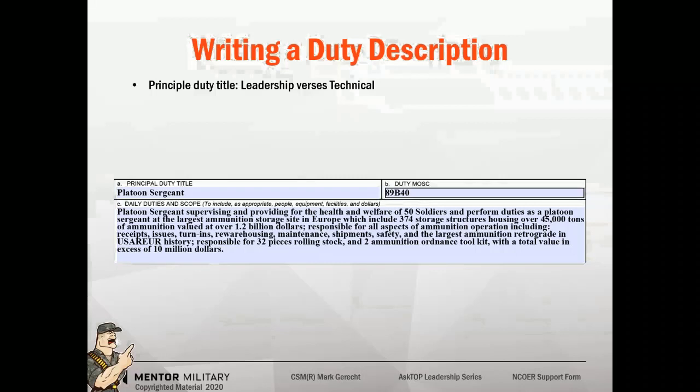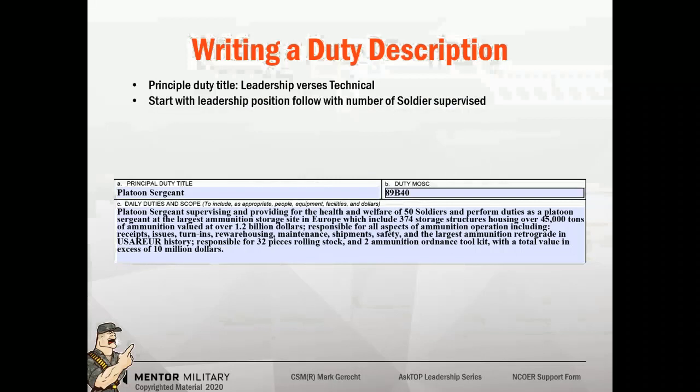They understand those terms. When they see ammunition sergeant, it doesn't equate to leadership necessarily. So make sure that you put down the leadership that someone has in their duty description. Worst case, put it down in appointed duties.